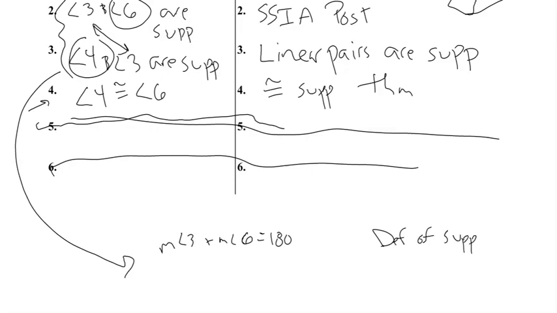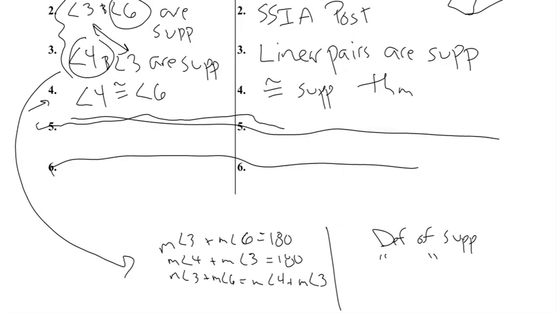It's kind of like the vertical angles theorem proof. Measure of angle 4 plus measure of angle 3 equals 180. Definition of sup again. That just means the same thing. Then you would have said measure of angle 3 plus measure of angle 6 equals measure of angle 4 plus measure of angle 3, substitution.